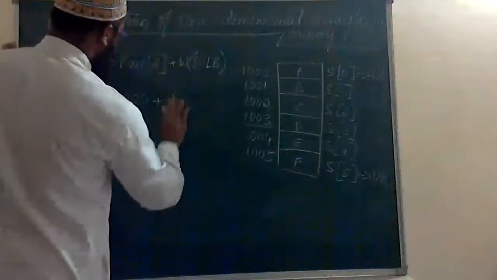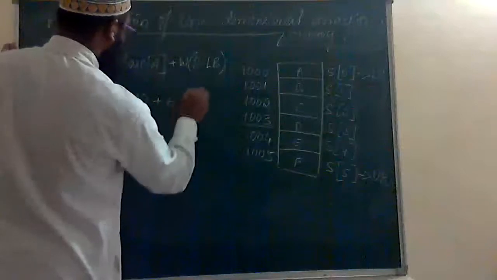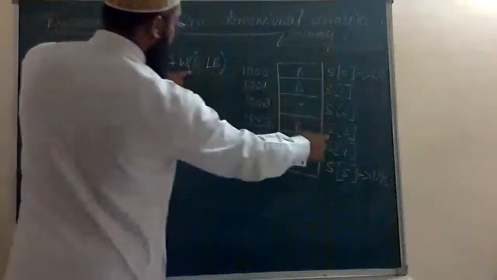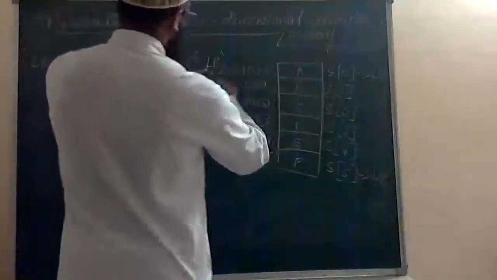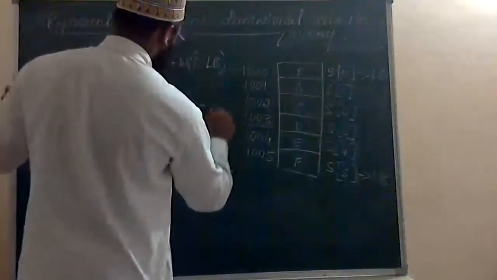Write down 6. Here P is the size, which is 3, minus LB, the lower bound, that is 0. So 3 minus 0.